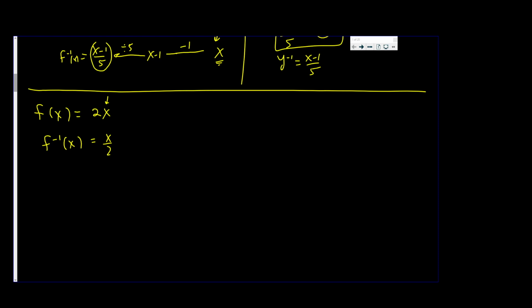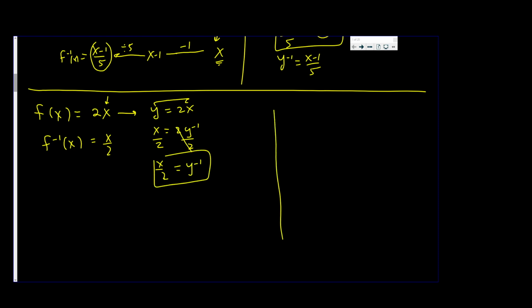And again, if you don't believe that, you can say y is equal to 2x, interchange x and y, but instead of y, write y inverse, then divide both sides by 2, and x over 2 is y inverse, like I said.